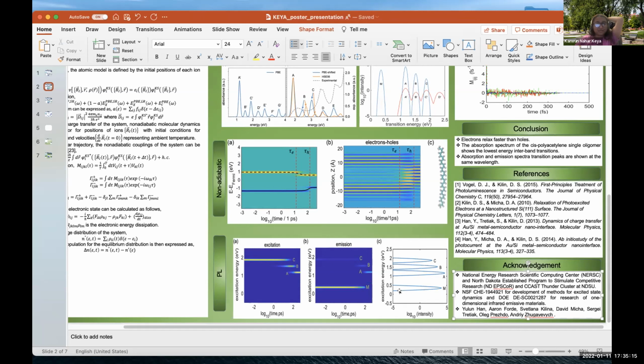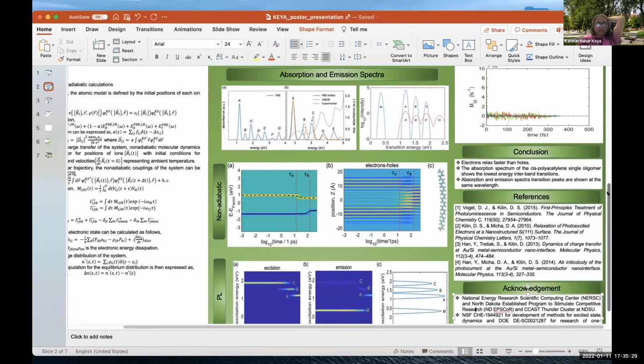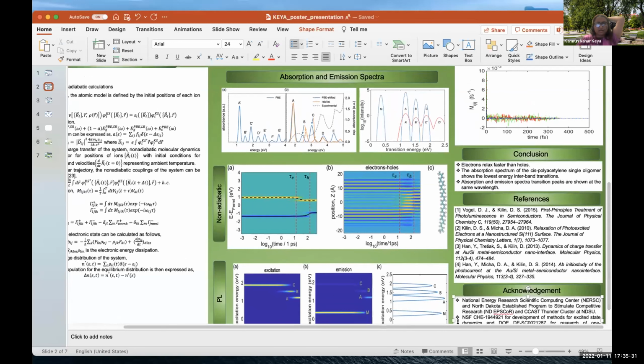So these two are actually the most important results in this work, I think, but it's not organized.